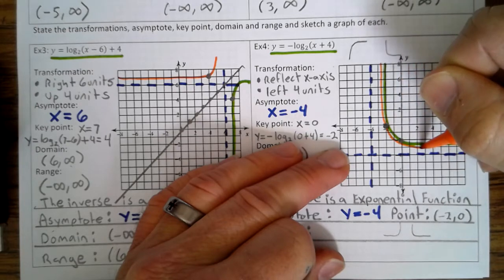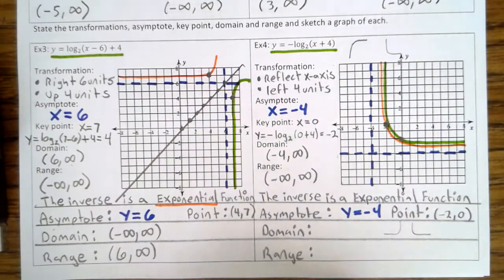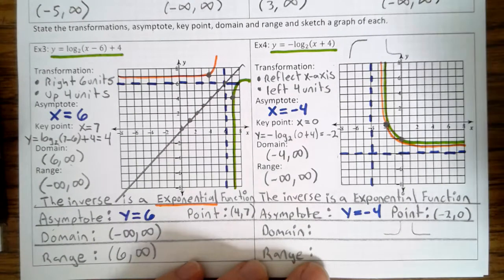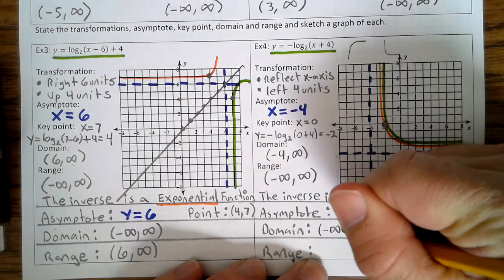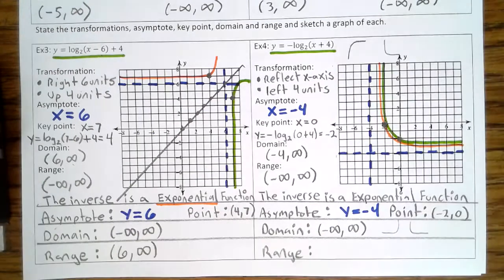Okay, domain we know is from -infinity to positive infinity, and range is -4 to infinity.